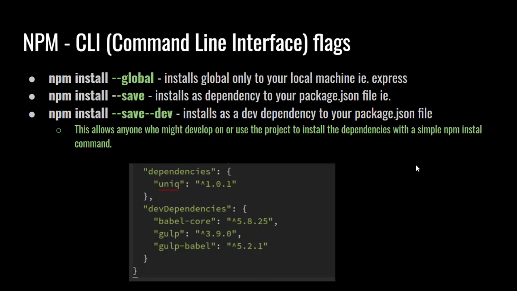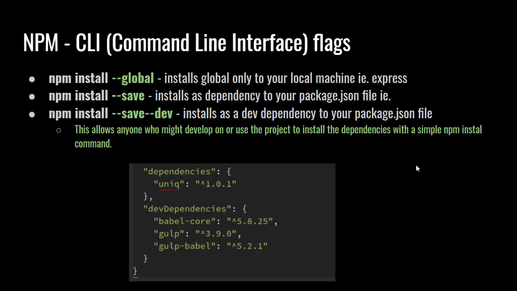So what that does is it allows anyone who might develop on or use the project, your code, to grab that package.json and install all of the dependencies with the simple npm install command. So whatever dependencies you might be using for your build process or your testing or something like that, for your development, another developer could download your code, quickly run npm install, and it'll look at the package.json and go down and pull all these things down for them, so they can actually replicate your dev environment.